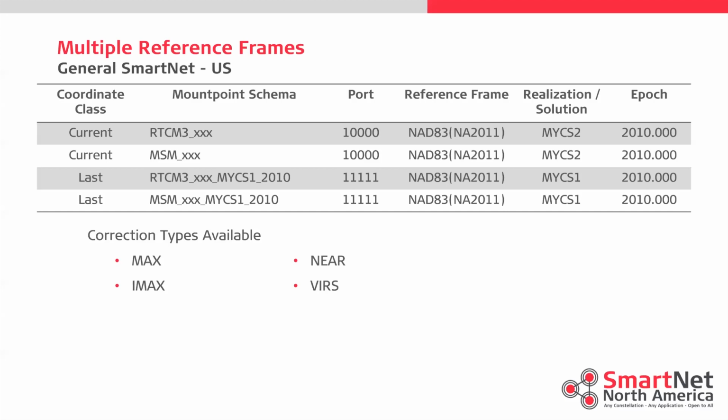If you need to go back to the coordinates that we are broadcasting right now in a majority of the United States, you will need to change your mount point. And we're going to belabor this point as we go. So you will need to go to the last epoch or the last reference frame, and that will be RTCM3, whatever your preferred correction type, NCRS1 underscore 2010. Okay, and that's on a different port so that you can't get confused.